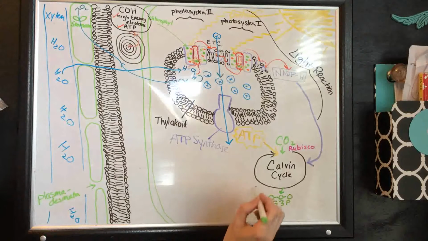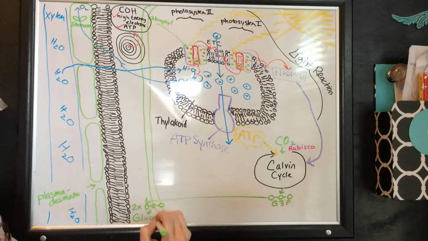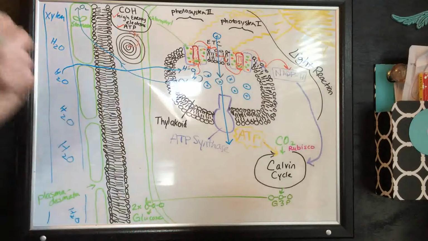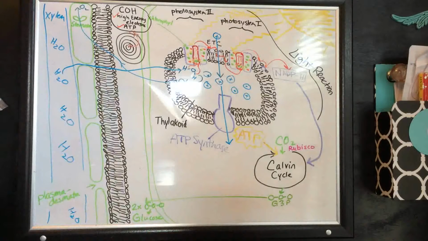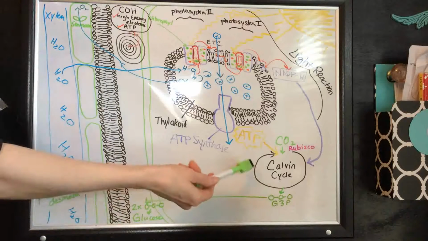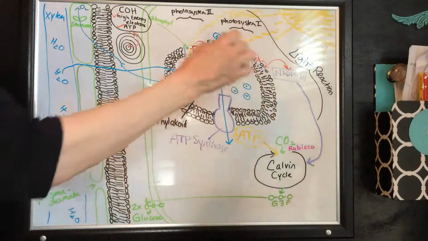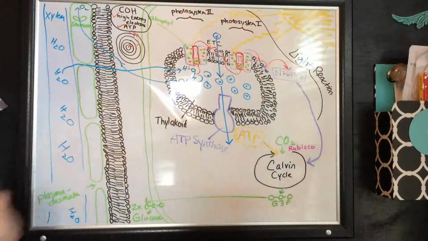Okay, and then outside of the chloroplast, we can simply do 2 times that and produce glucose. And that's what the plant does, and then it links them all together as starch and stores them in the plant. So this is kind of the equivalent of the reverse of glycolysis. This is the equivalent of the reverse of the citric acid cycle, and then this is the equivalent of the reverse of the electron transport chain.